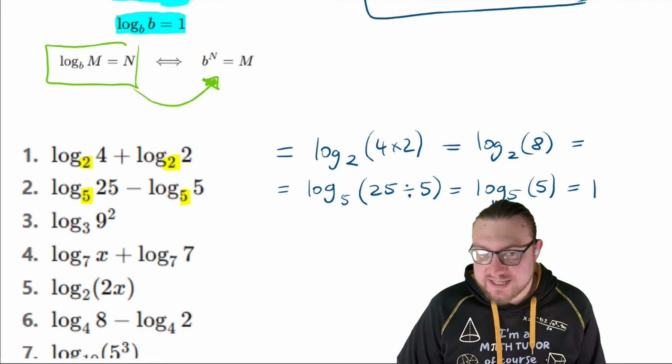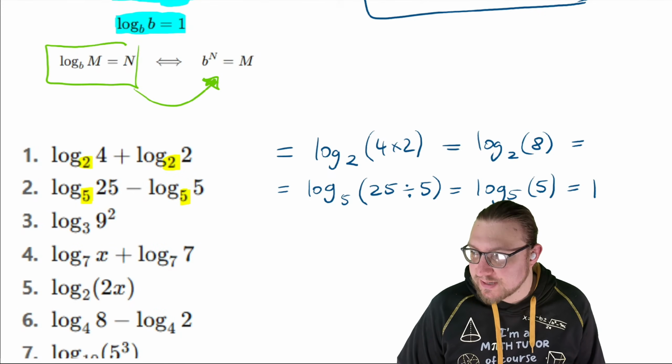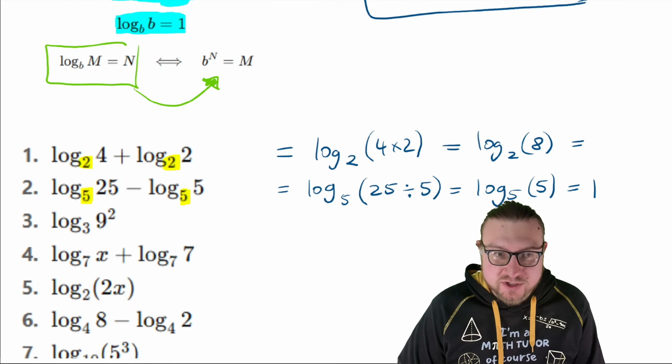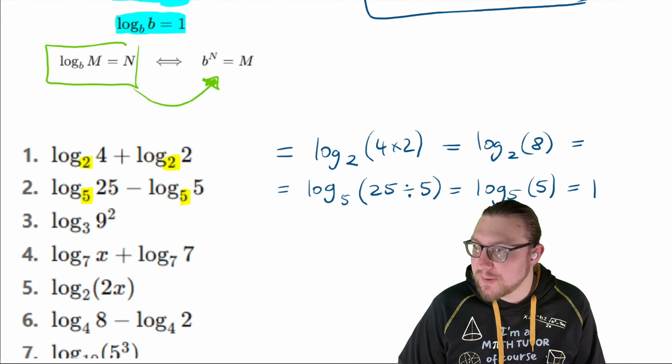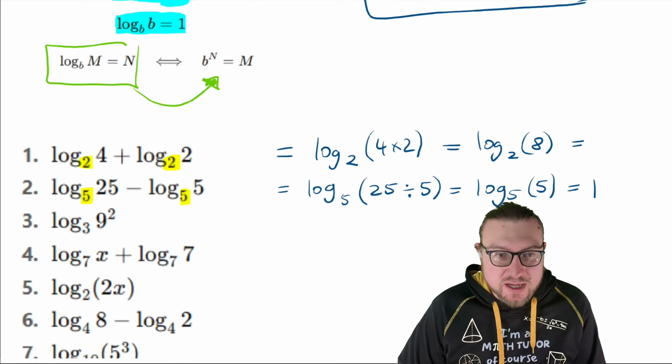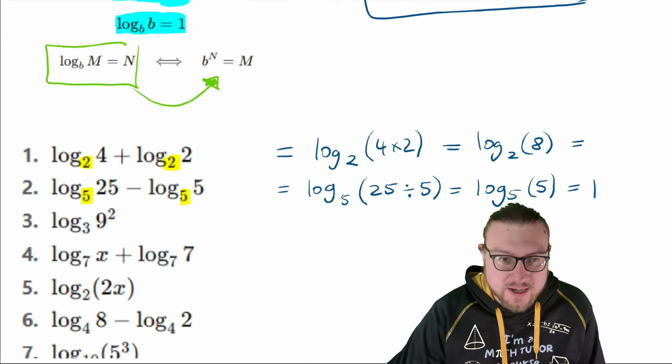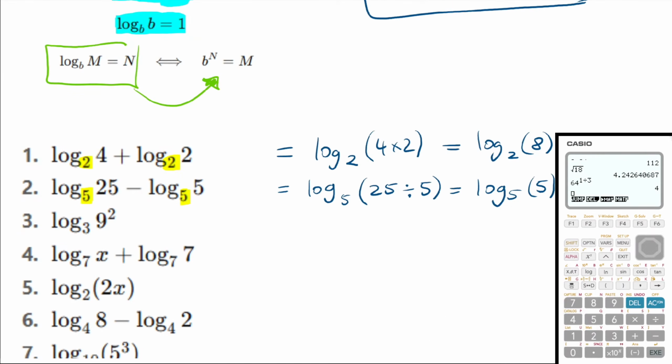Often when you do logs, it will be very difficult to put these in the calculator. Some calculators don't actually allow you to put log base 2 in the calculator. Let's have a look here at the calculator that I've got on the screen. If you press the log button, which is over here, this is always going to be log base 10.